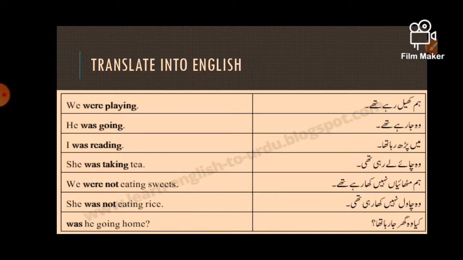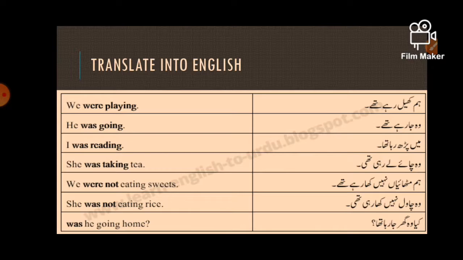And guys, I told you one more thing, that is two actions can take place at the same time. Like if I say हम खेल रहे थे जब वो आया. So how can we translate it into English? We were playing when he came. The first sentence will be past continuous and the other sentence will be past indefinite.